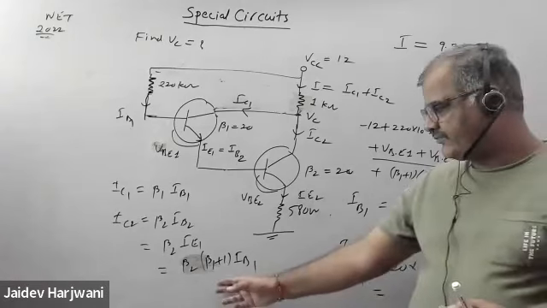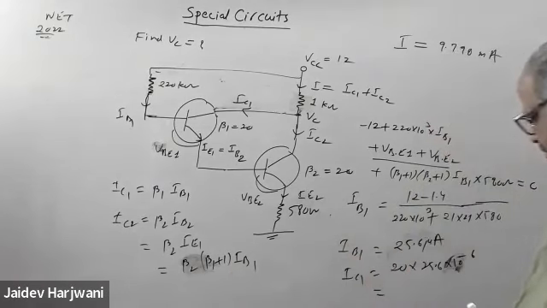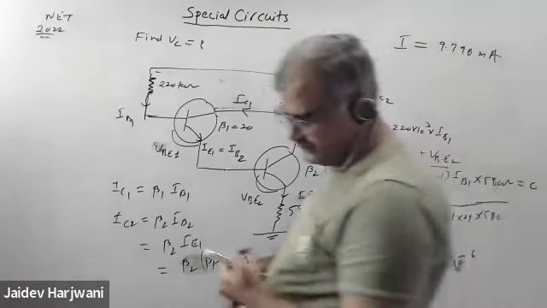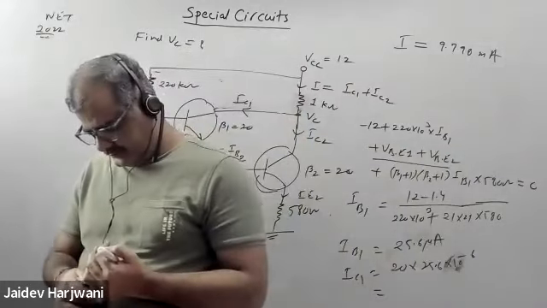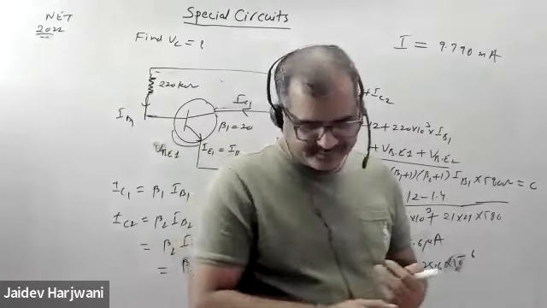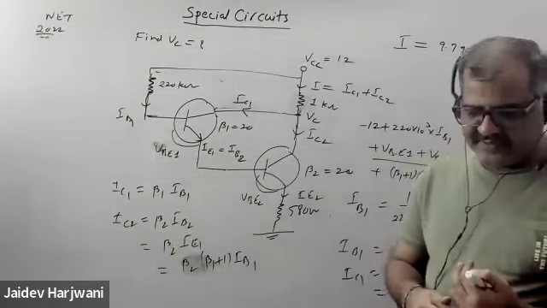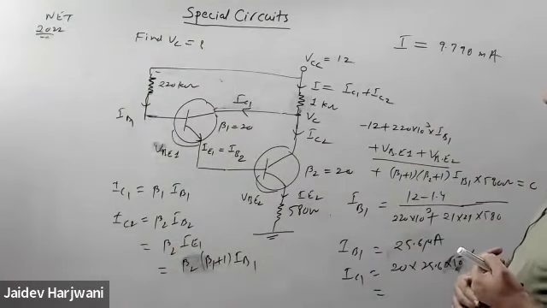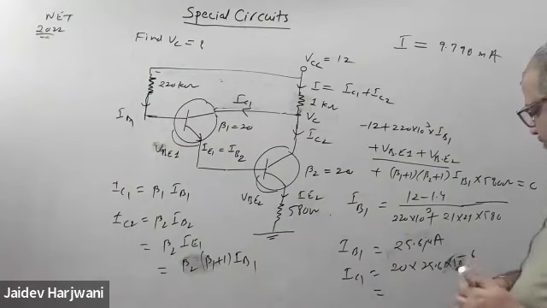IC2 is this one. Is anyone getting it? Is something around this coming for anyone? Something around 9. So what is the value of IC1?